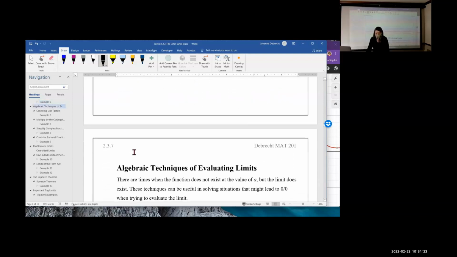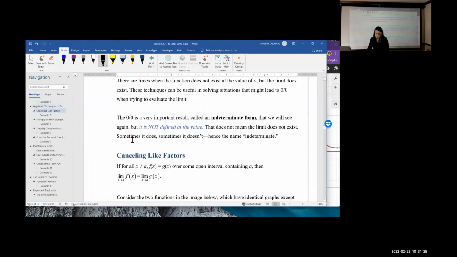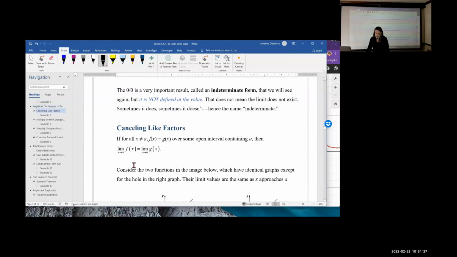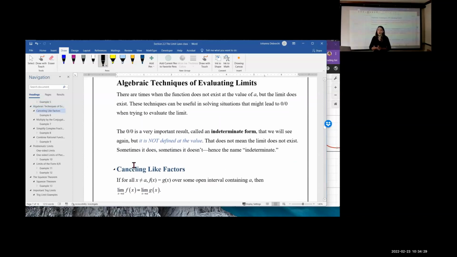Now we have some more algebraic techniques that we want to talk about. And some of these are going to be what happens when you get 0 over 0 when you try to plug in. These are some ways that we try to counteract that. All right, so we have a variety of techniques that we use to deal with 0 divided by 0. It's an indeterminate form.